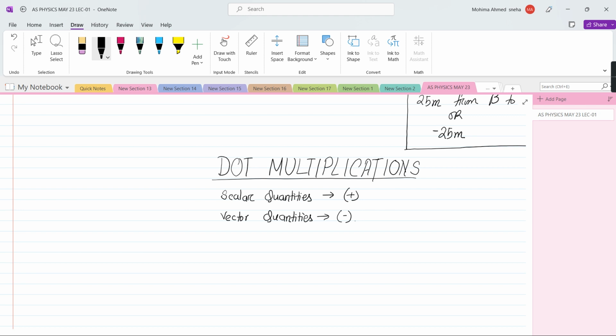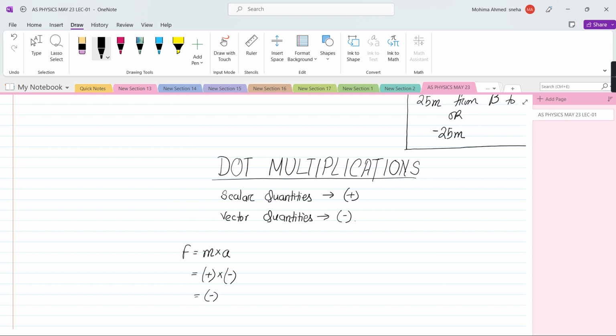For example, if you are given a quantity like force, and you have the equation force equals mass into acceleration, and you just forgot what kind of quantity force is, how can you find out? You know the basic thing: mass is a scalar quantity, so it will be plus, and acceleration is a vector quantity, so it will be minus. Then we use simple algebra: if you multiply a minus with a plus, what will be the final result?